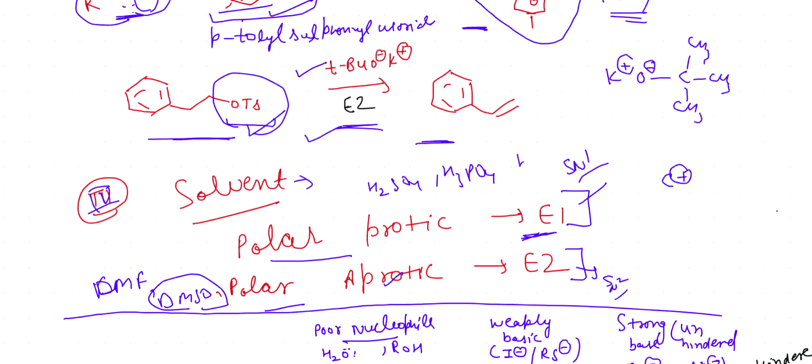As in E1 mechanism, first of all, there is formation of a carbocation. So if the solvent is polar protic, clear? It's H2SO4. Just wait a second.